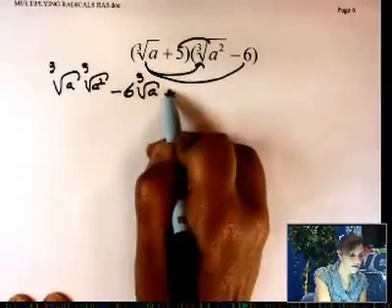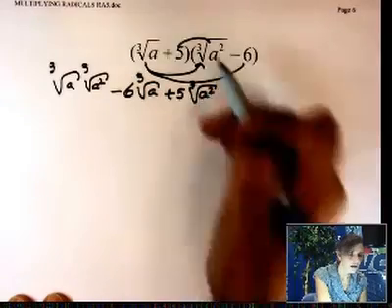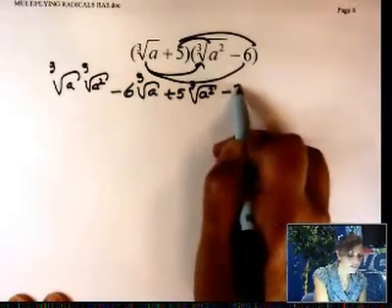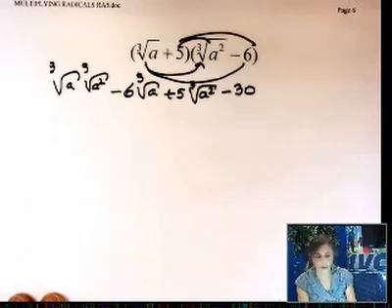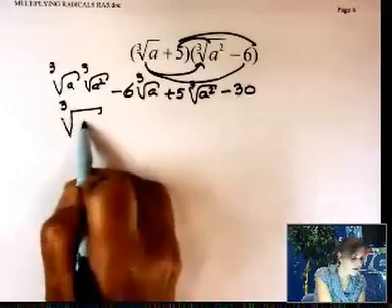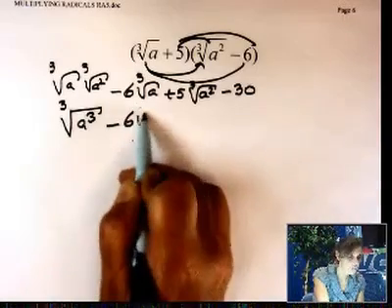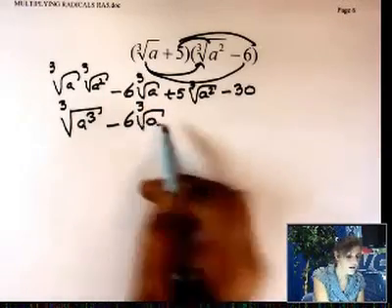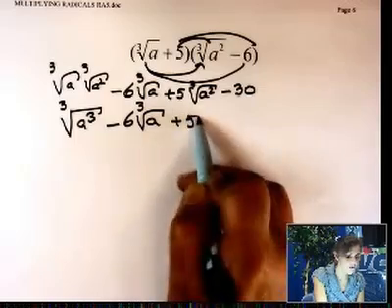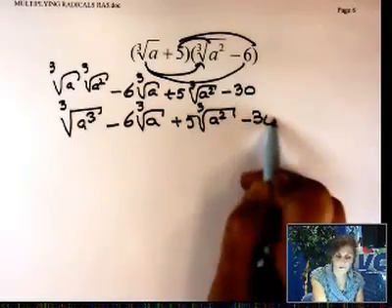This one, plus 5, cube root of a squared. And this one is negative 30. Okay? So let's do that one. That one is cube root of a cubed. This one is minus 6 cube root of a plus 5 cube root of a squared minus 30.